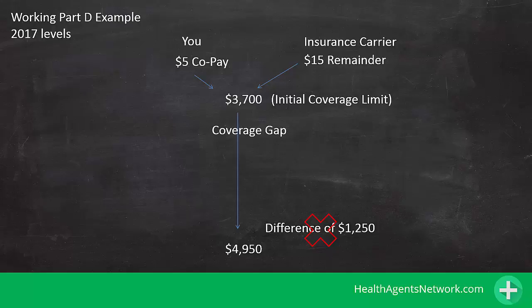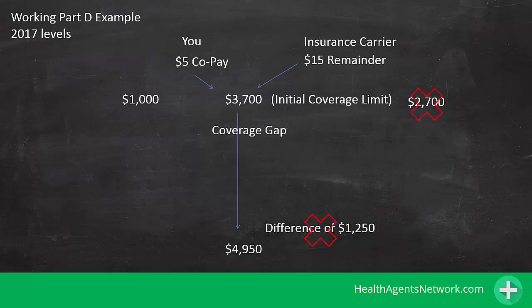So to keep numbers nice and round, let's say you spent $1,000 in copays, which you may or may not spend, probably not that high, I don't know. But again, to keep numbers easy, let's say you spent $1,000, and the insurance carrier spent $2,700, equaling your $3,700 initial coverage limit.